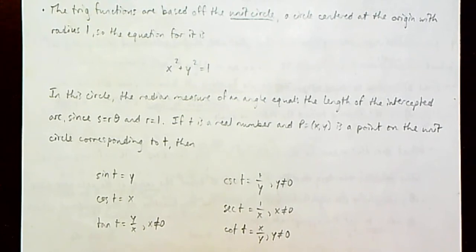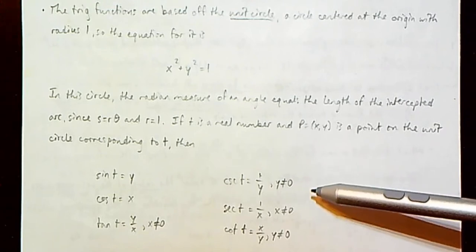Recalling the definition of a radian, in this particular circle, the radian measure of an angle is simply equal to the length of the intercepted arc, because s is equal to r times theta and r is equal to 1. So if t is a real number and we have an ordered pair x comma y, that is a point on the unit circle corresponding to this real number t, then we have the values of our six trig functions right here.